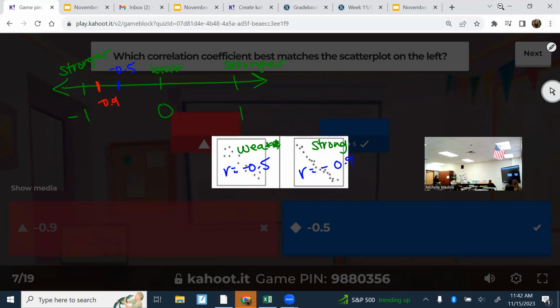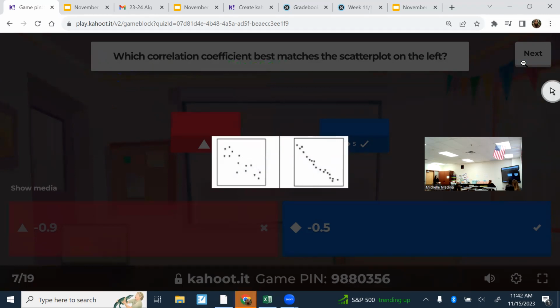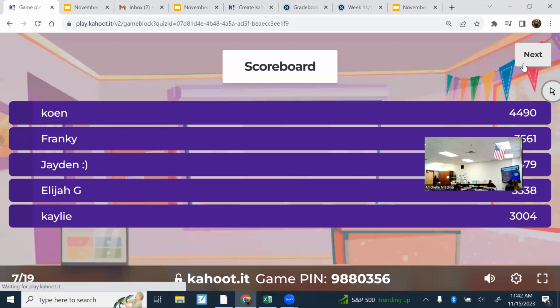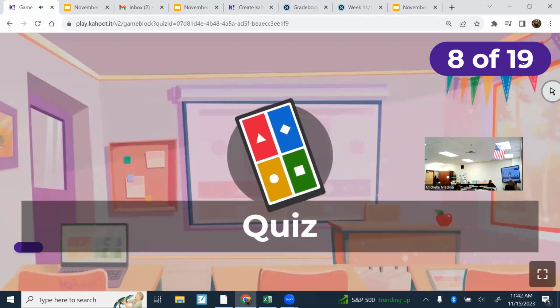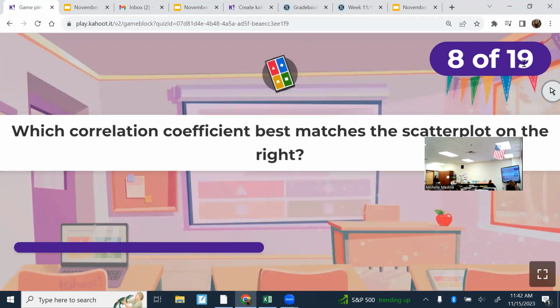Okay, so then next one. Which correlation coefficient best matches the scatter plot on the right?